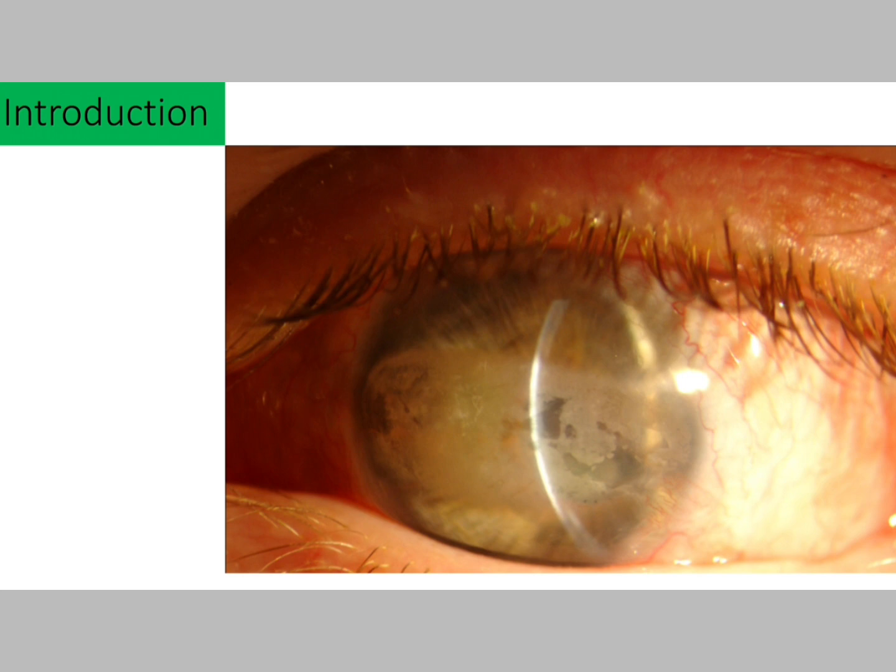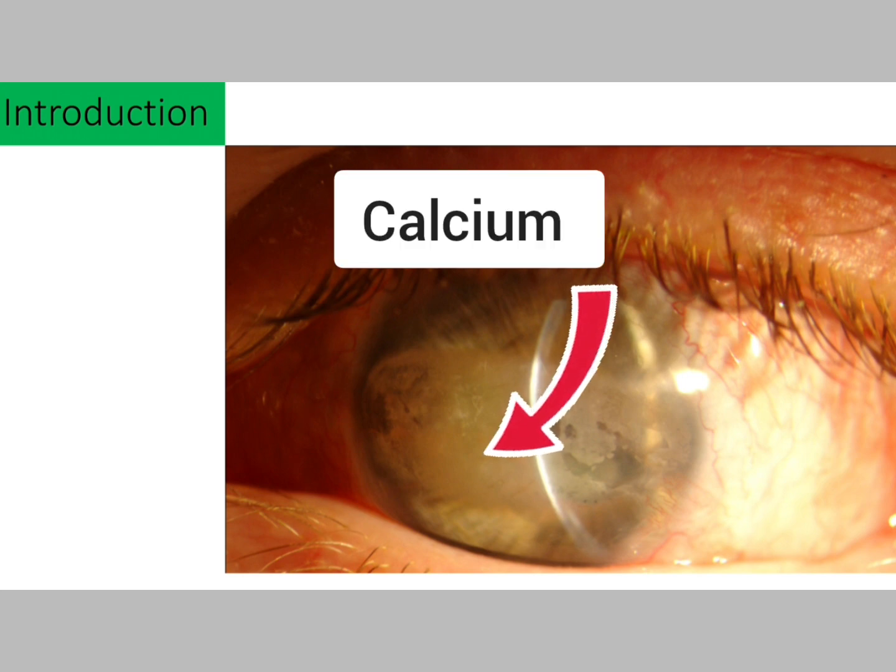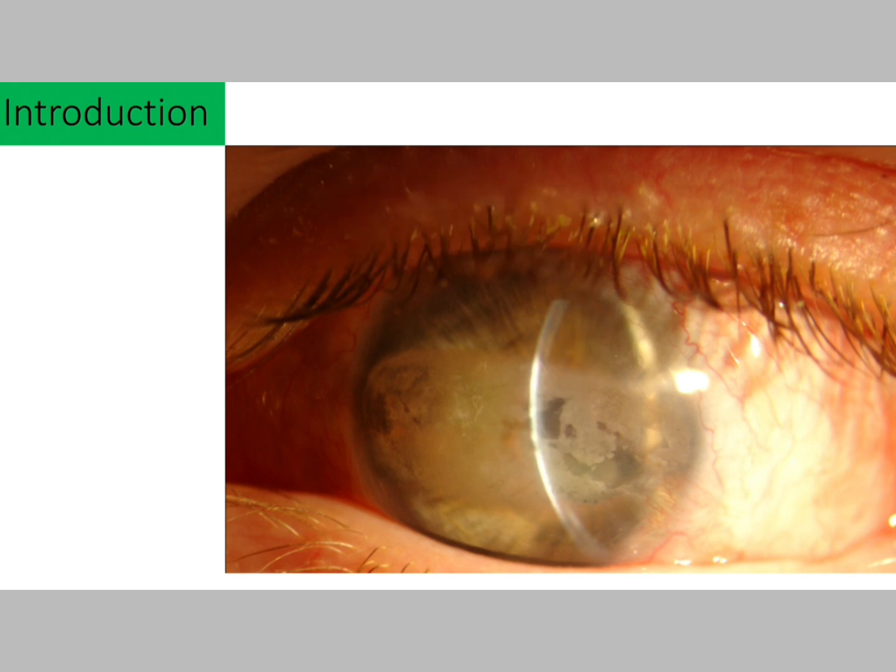So band-shaped keratopathy is one of the corneal degenerations, mostly due to the deposition of calcium on the cornea in a band manner in the palpebral fissure, that means 3 to 9 o'clock, which is the exposed part. Here the calcium deposition is limited to the subepithelium, Bowman membrane and anterior stroma.